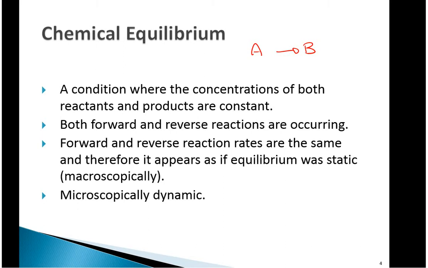You can't unburn wood, for example. However, for a lot of reactions, it's a reversible process. And so we need to consider whether we are going in the forward direction or in the reverse direction, and how the concentrations of these two things at equilibrium are going to be pretty stagnant.